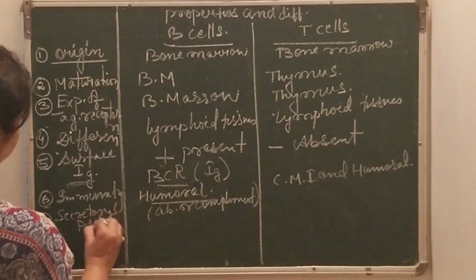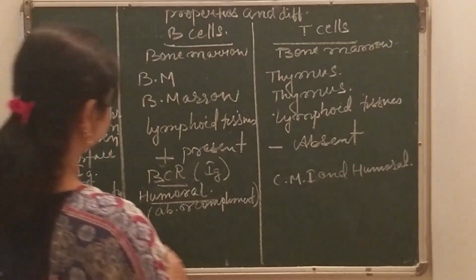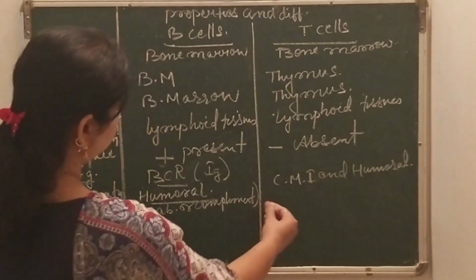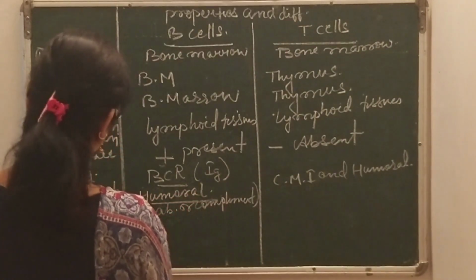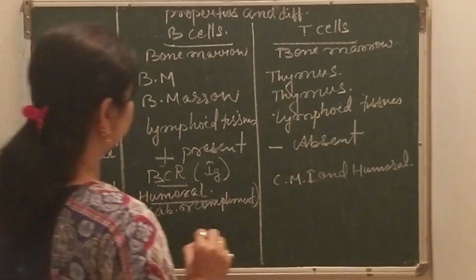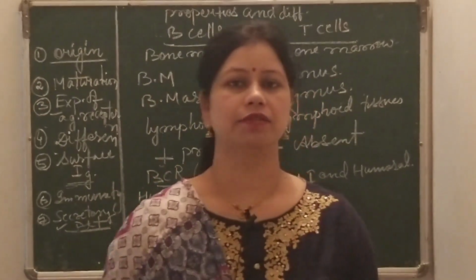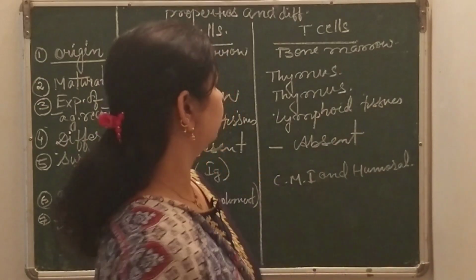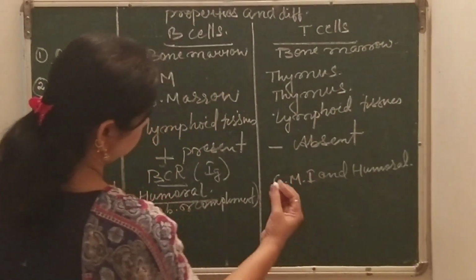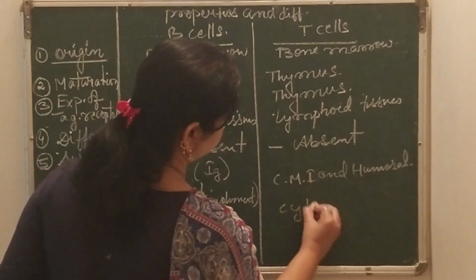Next point is about the secretory product. What type of product do B and T cells secrete? Okay, secretory product. So, B cells secrete antibodies as well as cytokines as their secretory product. But in case of T cells, they secrete only cytokines.